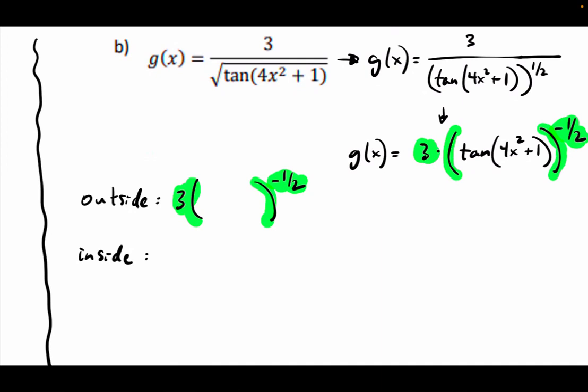Let's go in one layer. What's the next layer going to be? Tangent. Good. Tangent of something.